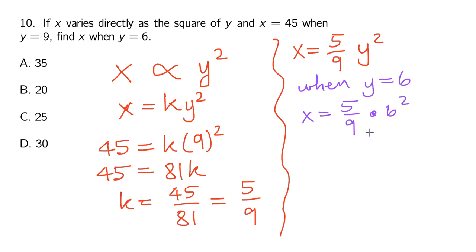Now 6 squared equals 36, but let me just write it down so that it's easier to see. So 5 over 9 times 36. Now 9 divides 36 to give 4. So we have x equals 5 times 4, which is 20. So that's our answer, B.